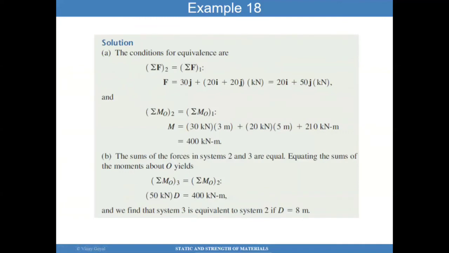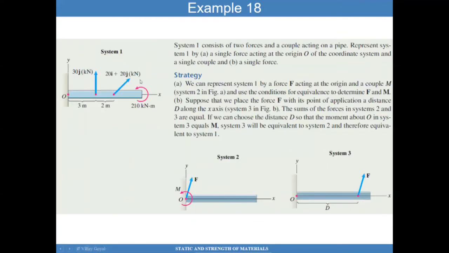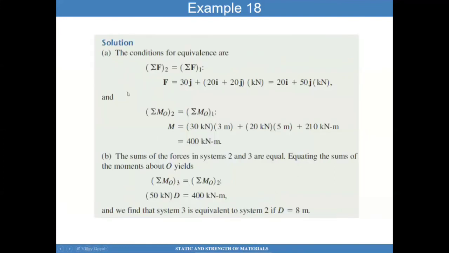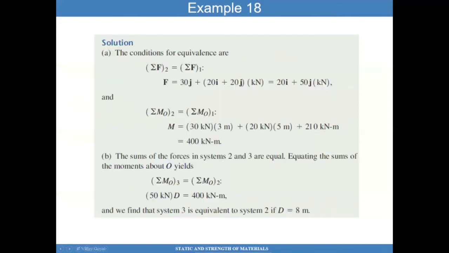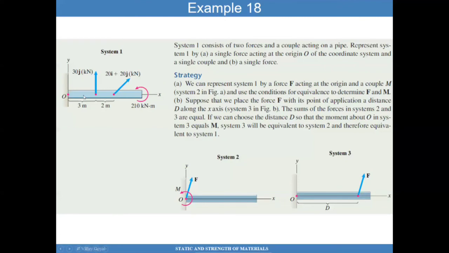So to get to part A, which is to figure out what a force F should be, it's as simple as adding all the forces up. And so that's what we've done here. That's simple. And then what I want to do is to find the moment caused by these forces onto O, right? That's what we want to do. And so here, you can see the calculation very quickly. It's 30 kilonewtons times 3 for this load.